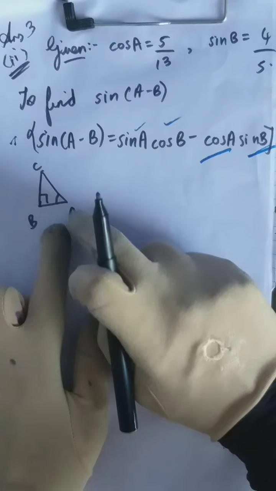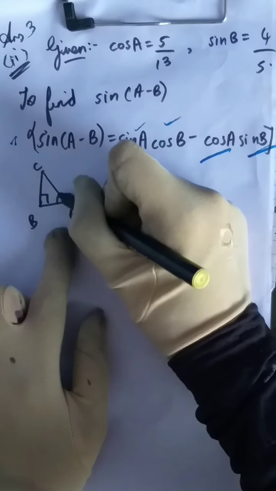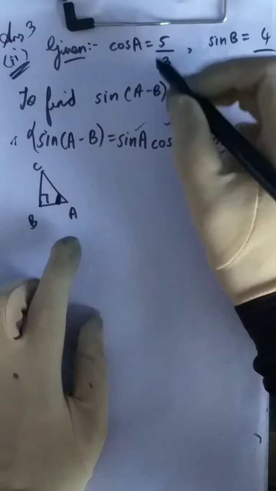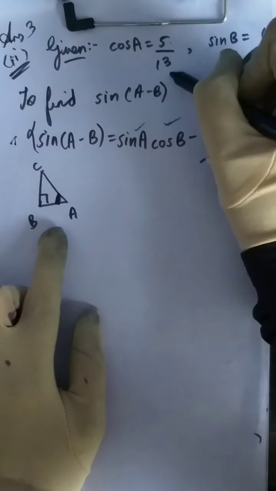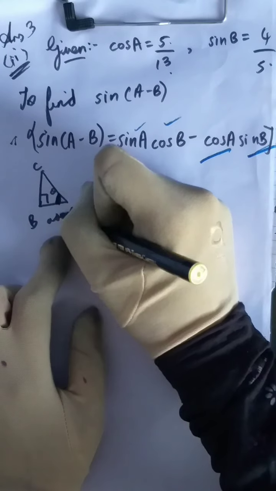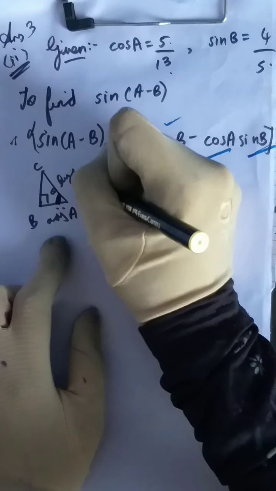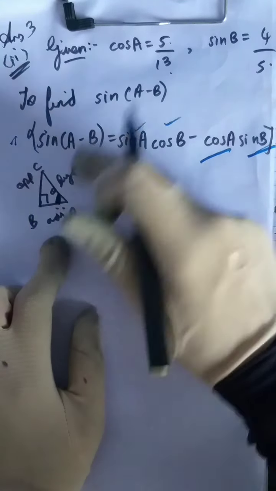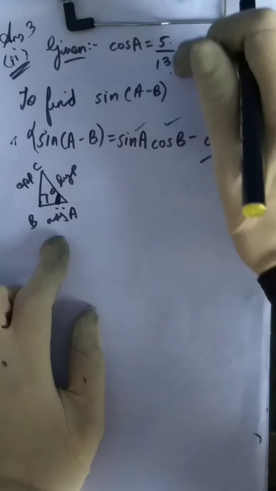Suppose this is angle A. So cos A means adjacent side by hypotenuse side. This is our adjacent side, this is our hypotenuse side, and this is our opposite side. So cos A is 5 by 13 means adjacent side by hypotenuse side.